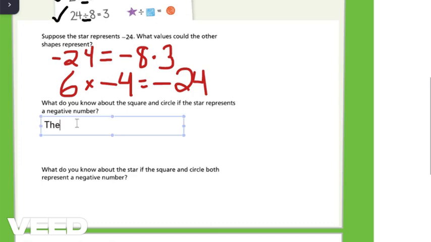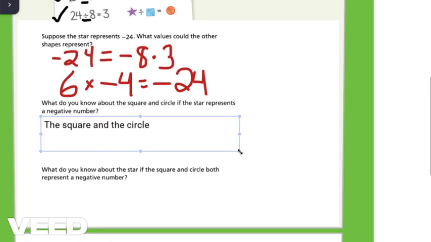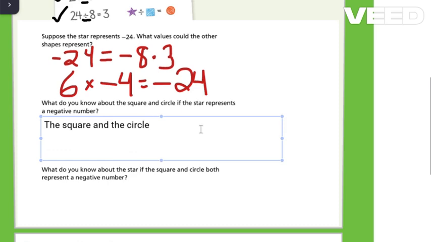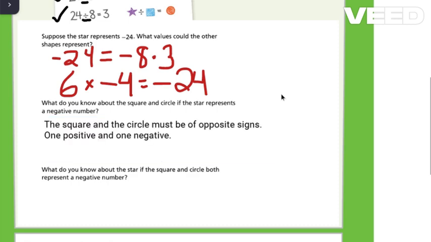Well, the square and the circle must be of opposite signs. In other words, one positive and one negative. They have to be opposite signs, because in order for an answer to be negative, its 2 factors must be of opposite signs.